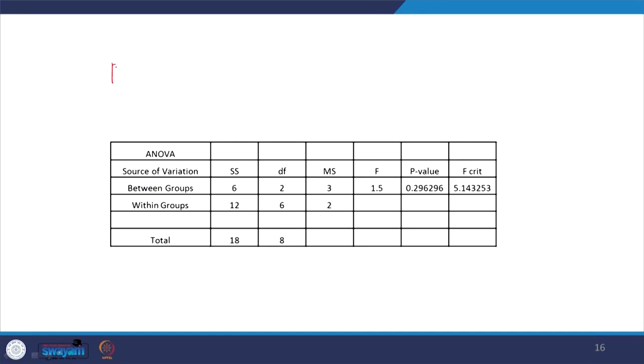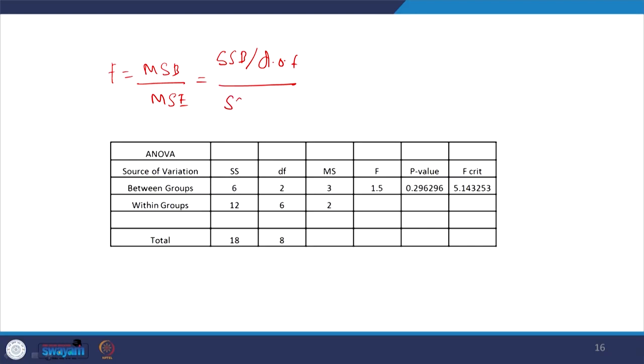F is nothing but MSB divided by MSE. That means MSB is the mean square between columns, and MSE is the mean square error. So, what does this mean? If you divide SSB by the corresponding degrees of freedom, you will get MSB.